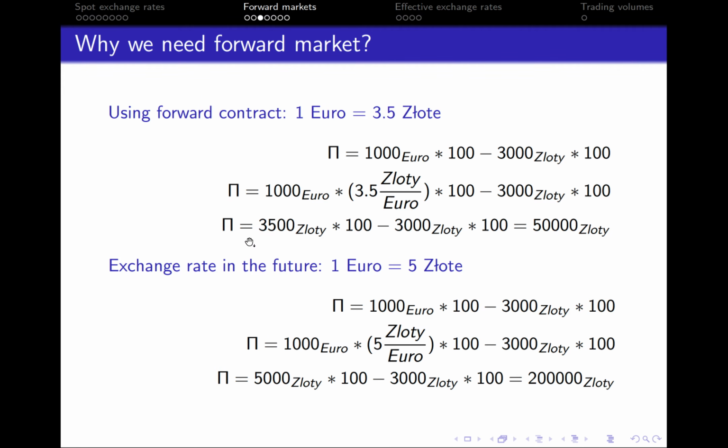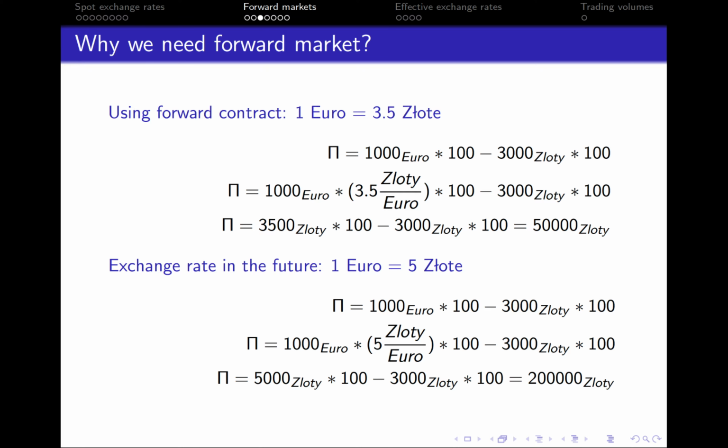The company will be able to get 3,500 zlotych per bike, and consequently make 50,000 zlotych. Now, if the company offering the forward contract would want for it only 20,000 zlotych or 10,000 zlotych, the company still could make a decent profit on selling the bikes.